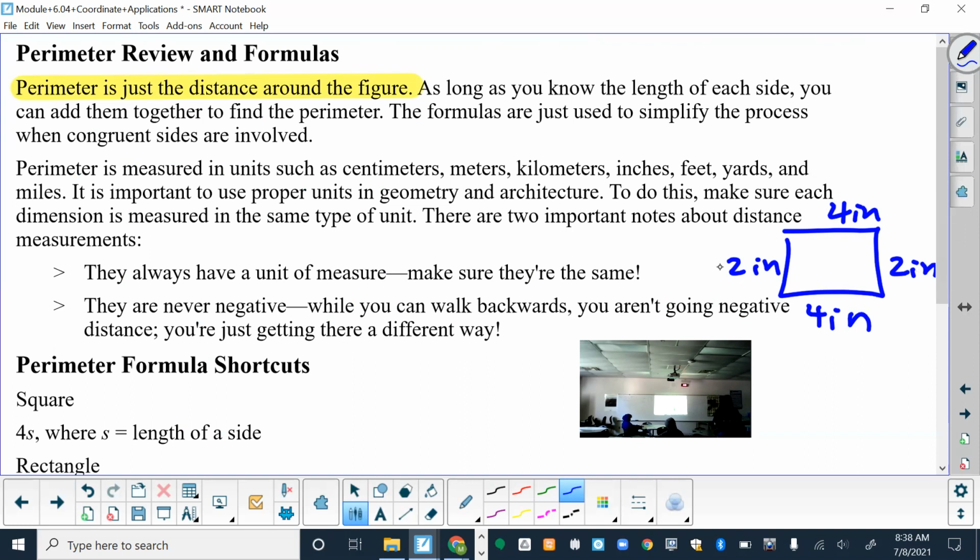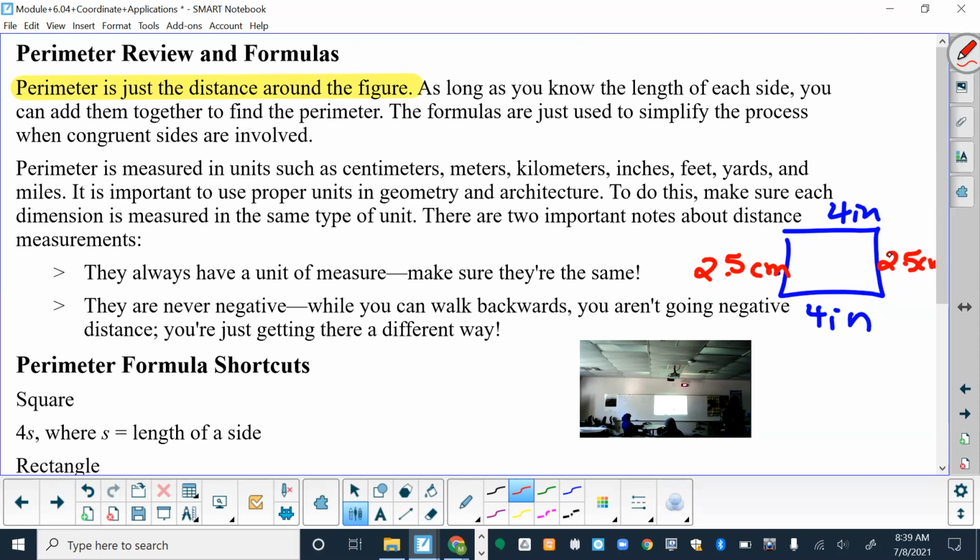All right, so you only add things up if they're in the same unit. If maybe it gave you these 2 sides in inches, but it gave you this side in centimeters, you can't just add them because they're not the same units. You have to convert them.